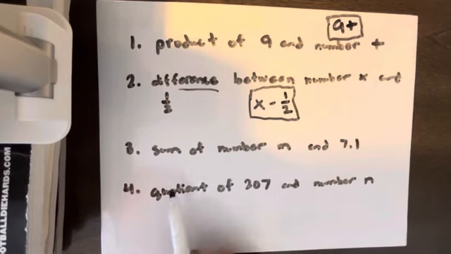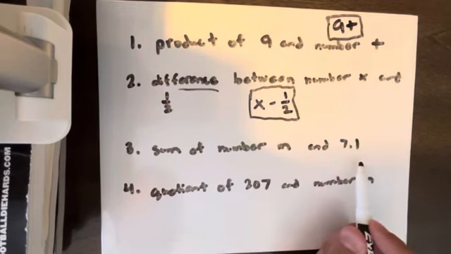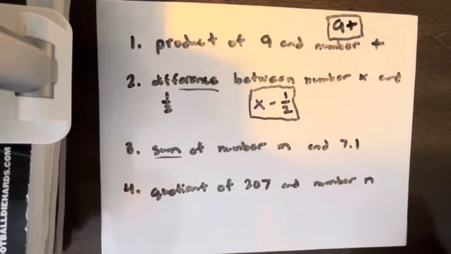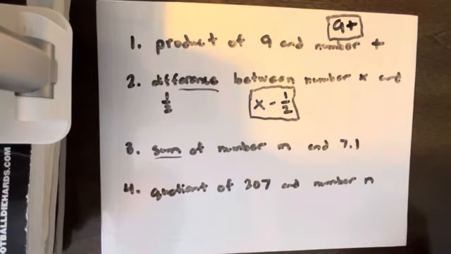Third, the sum of number m and 7.1. Keyword is sum. That means we're going to be doing addition. So our answer, m plus 7.1.